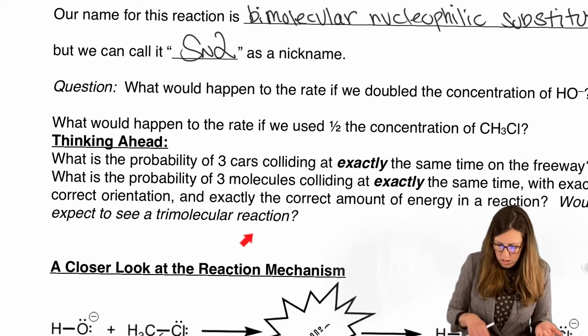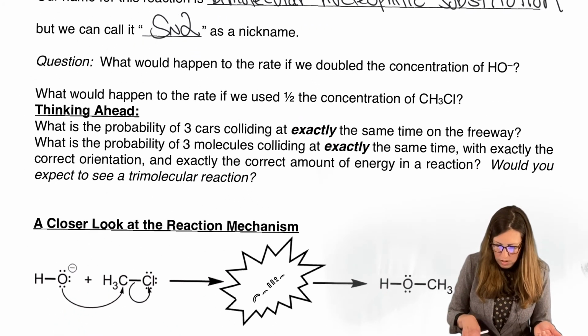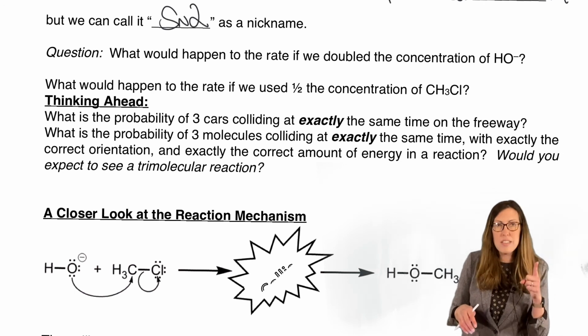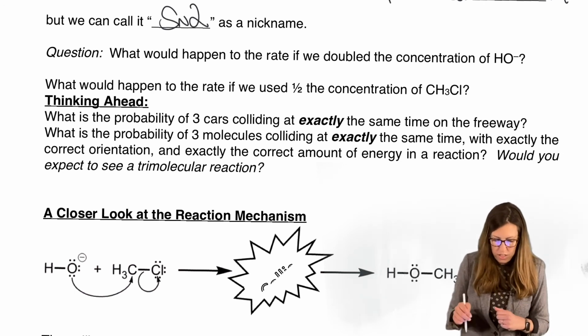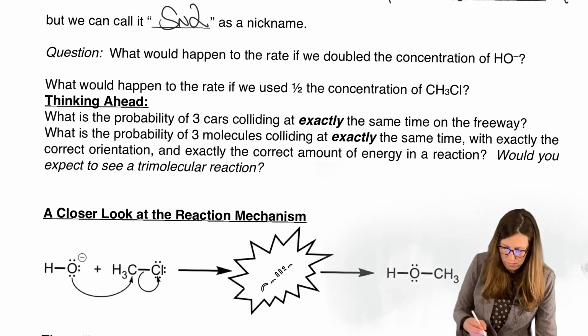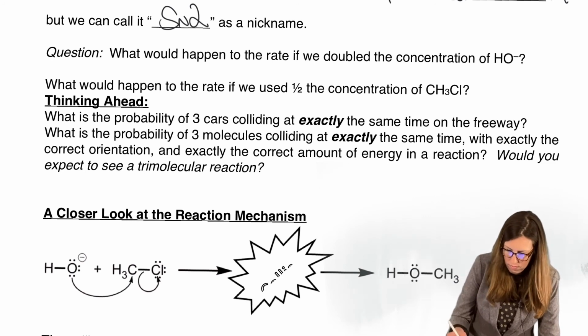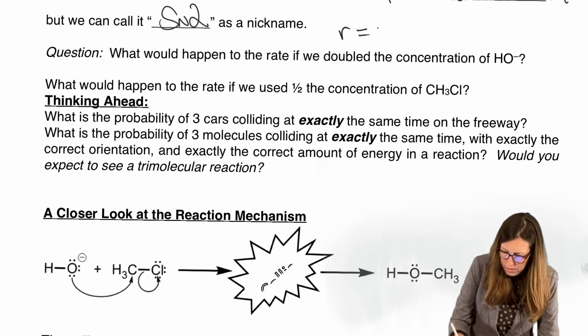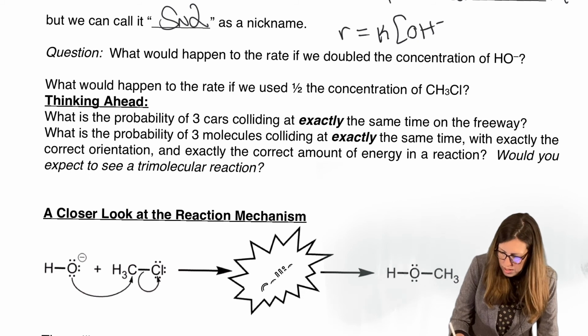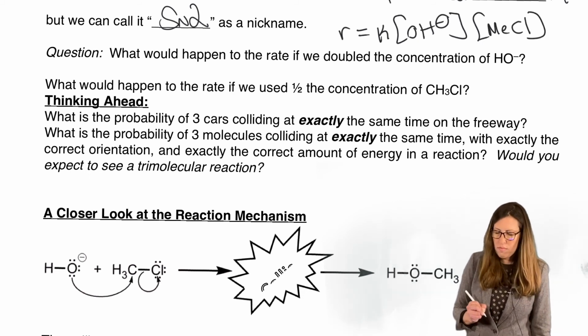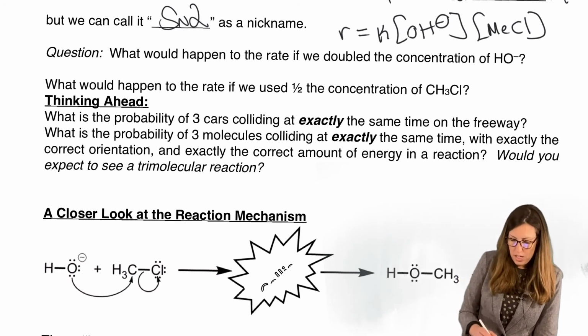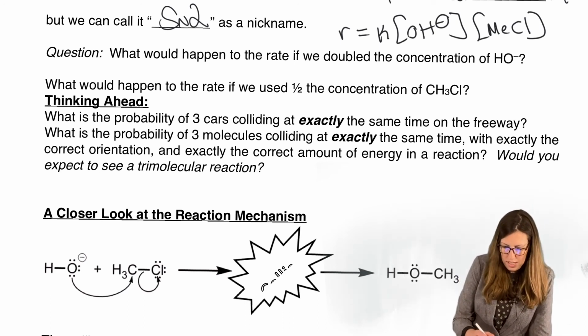A really common question is: what would happen to the rate if we doubled the concentration of hydroxide? I'm writing the rate law again right here: hydroxide times MeCl. They're both there. So if we double this, we double the whole rate.